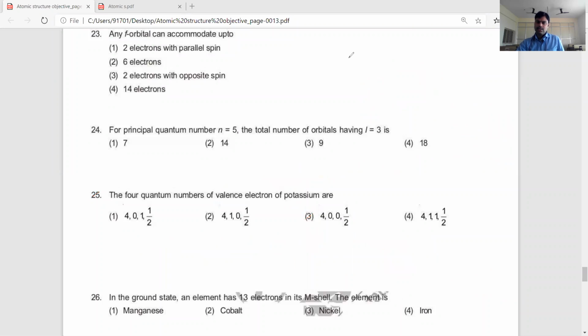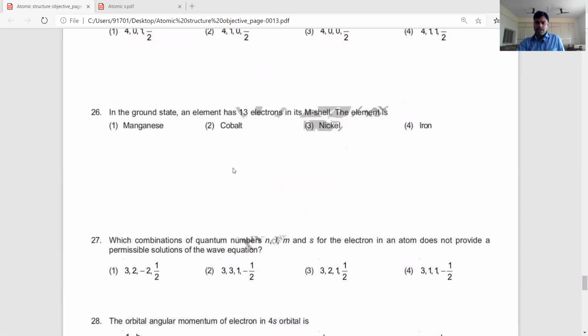Next, 26. Basic. In ground state electronic configuration, or normal electronic configuration, the element which has 13 electrons present in M shell.